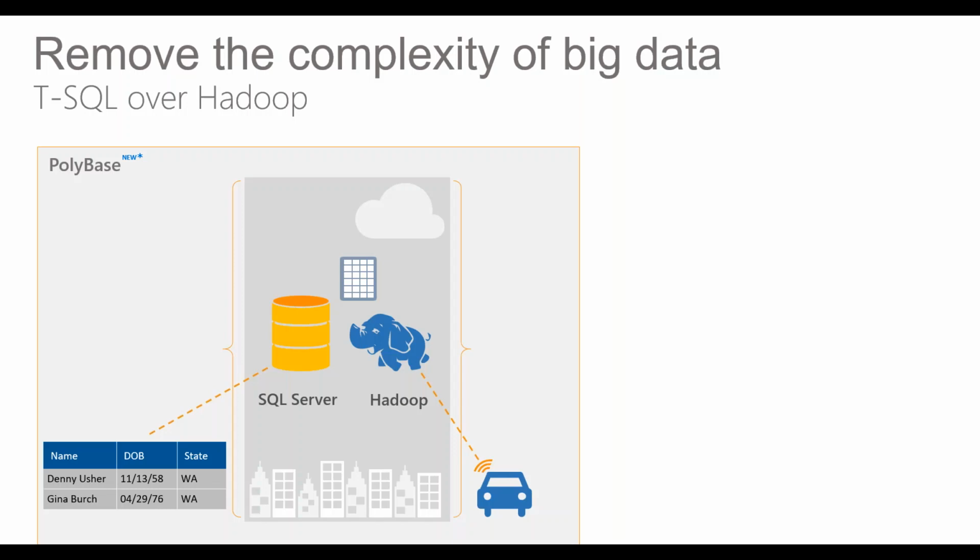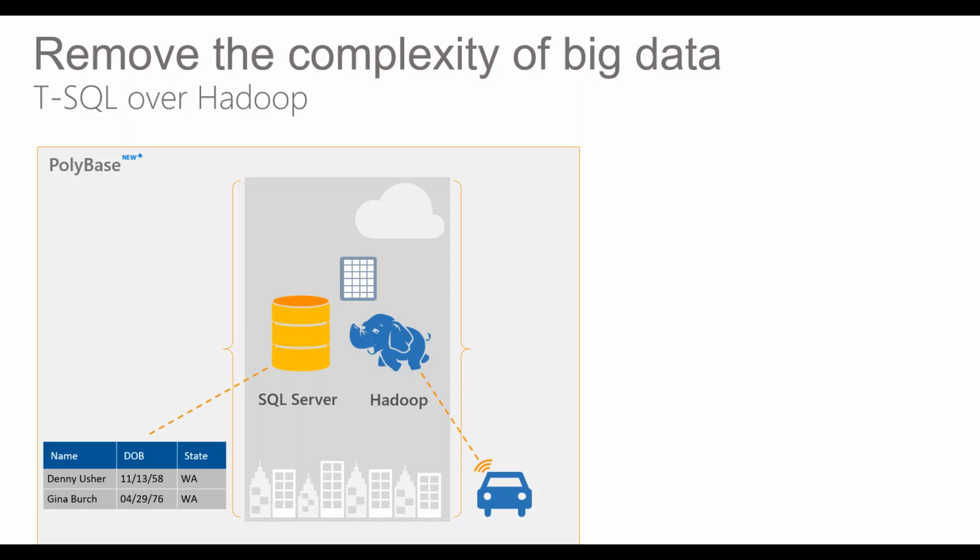So I may have a bunch of data sitting in a file share on premises or in a blob storage in Azure, and I can write a query using Polybase that says, okay, SQL Server over there, there's a whole bunch of flat files. In there, you're going to find data that looks like this. Go and get that data, stick it into the schema, and present it back as if this was a table.